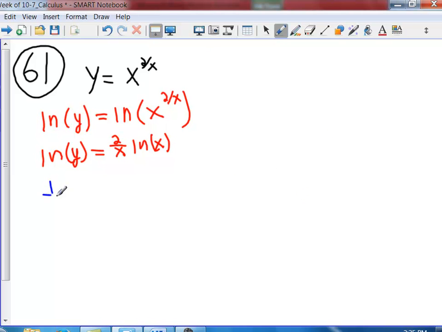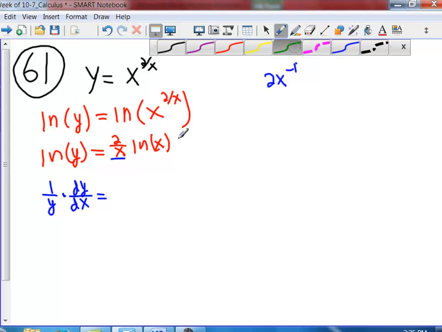So what we're going to have is 1 over y by the chain rule. Because the variables don't match, we tag on our dy dx equals. Now that's just 2 to the 2x to the negative 1. If we think about this as a product here, with this being the first part of the product and this being the second part, we can do this.